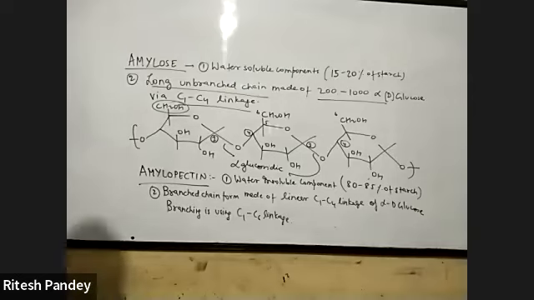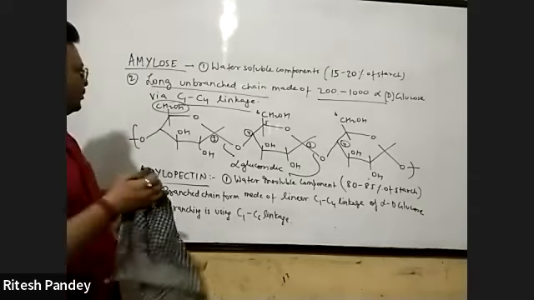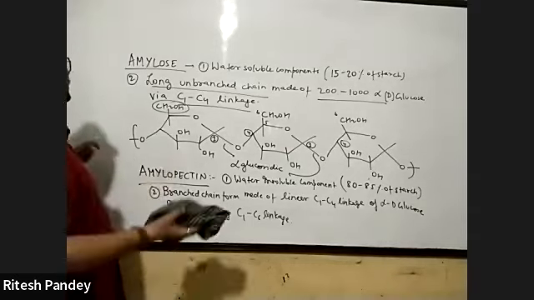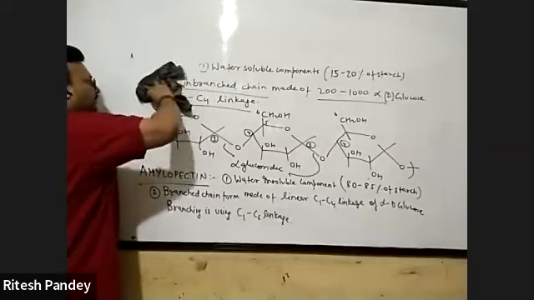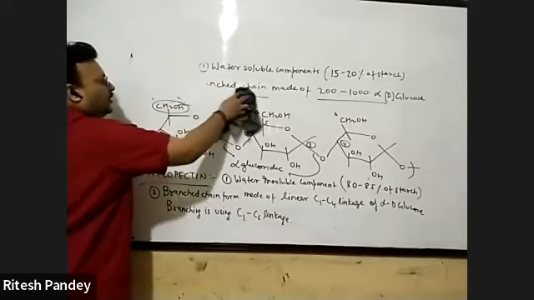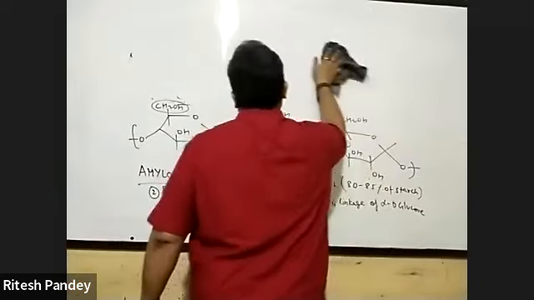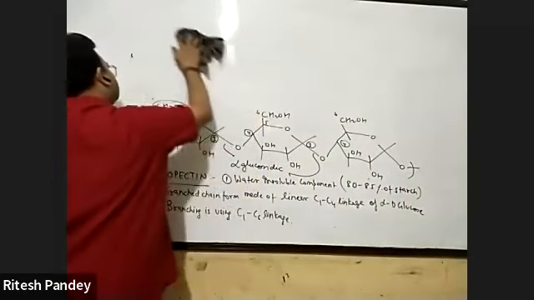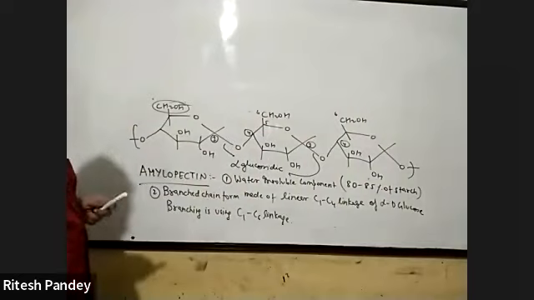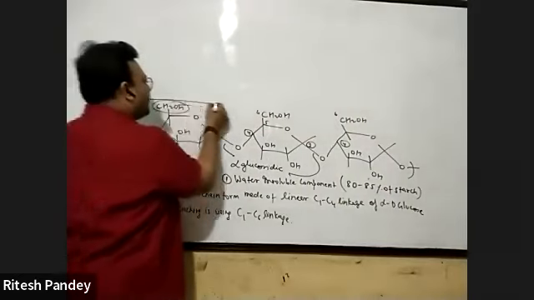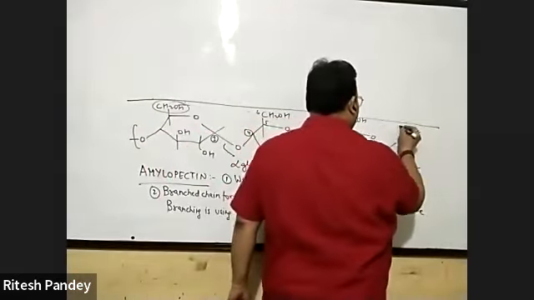So I've told you about amylopectin. I'm going to retain this structure of amylose here, and I'm going to draw the structure of amylopectin on top. So this is amylose, this is amylose, this is amylose.